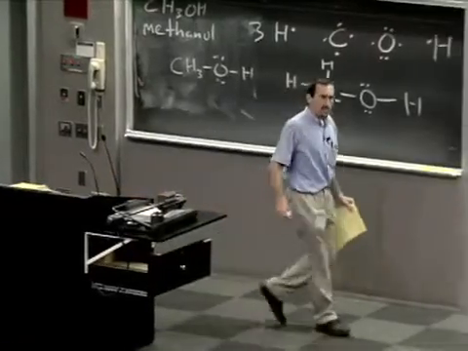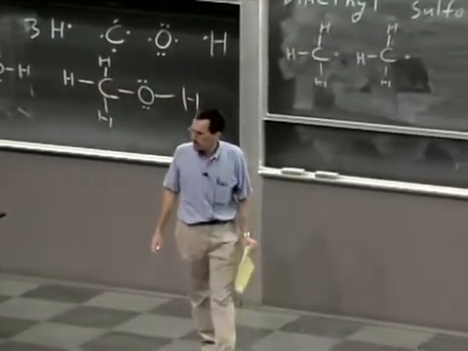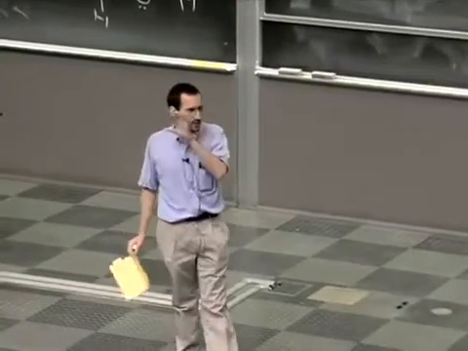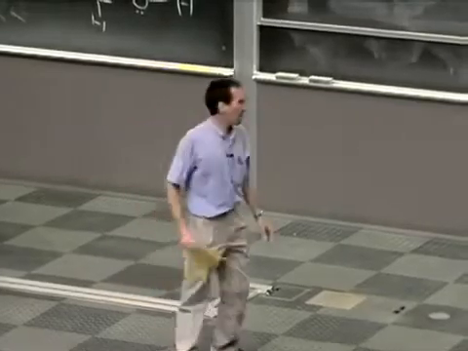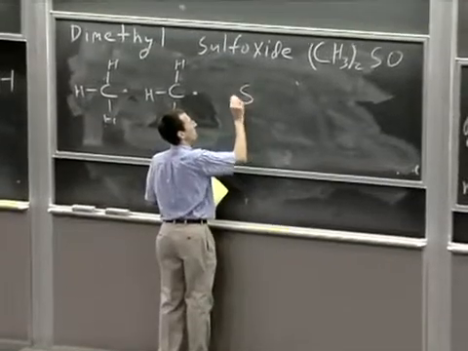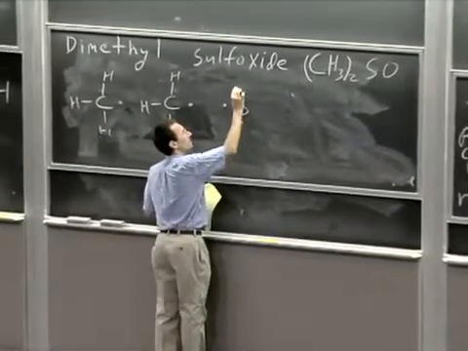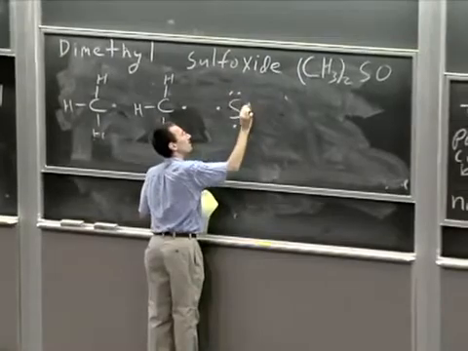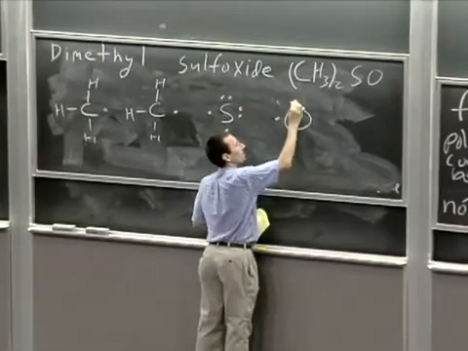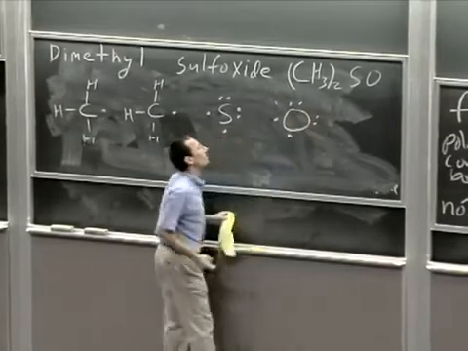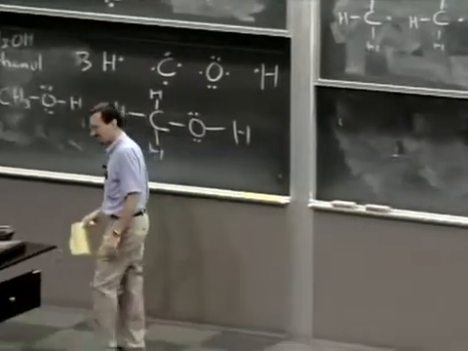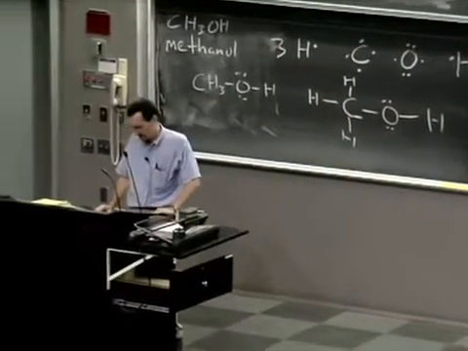Our sulfur is below oxygen in the periodic table, so we know that we write sulfur just like oxygen. In other words, it has 6 electrons around it, as does our oxygen. Now we have to figure out how to put these all together. Take a moment to think about that.